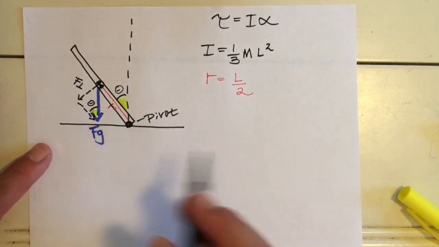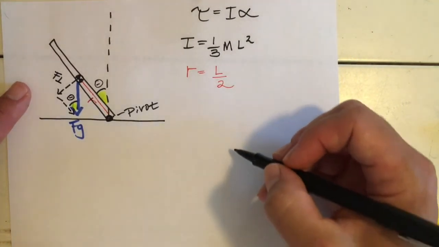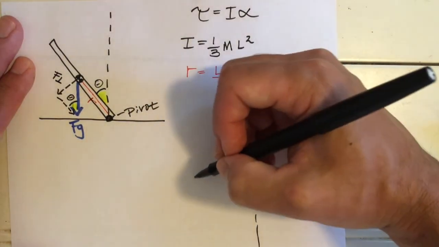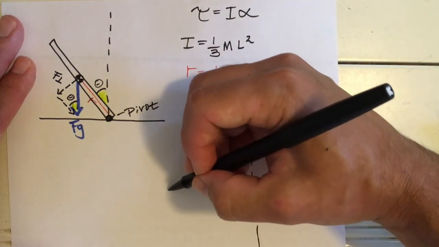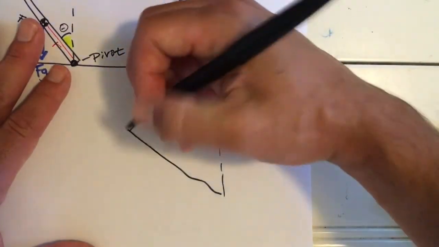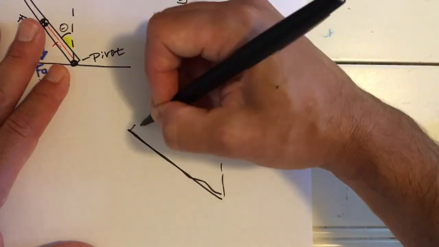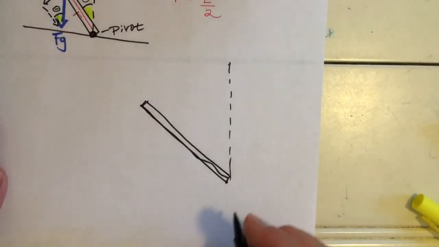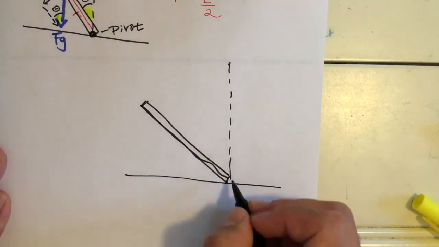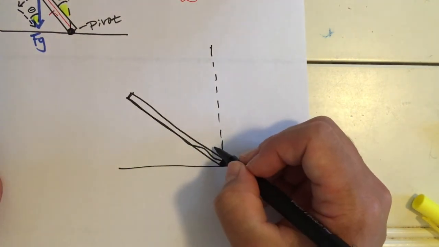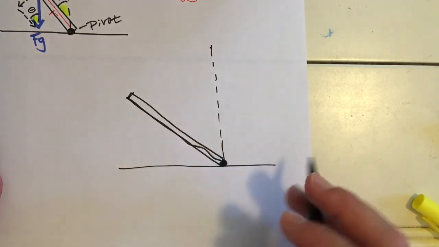I guess we might as well do the drawing again for R perp just to show you. If we had the same thing happening, let me draw this similarly. Oh boy, that was pretty rough. So if this is the pivot, and this angle here is supposed to be 25 with the vertical, that doesn't look like 25, does it?